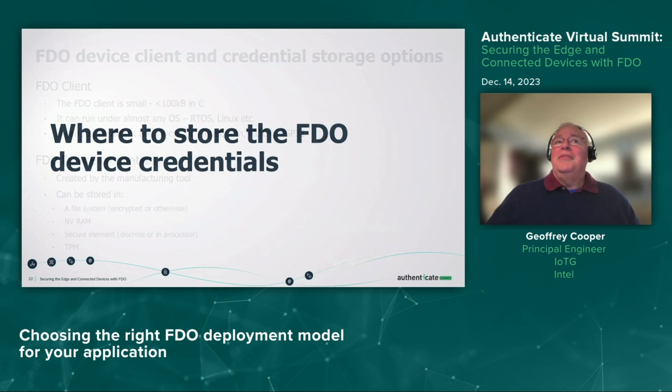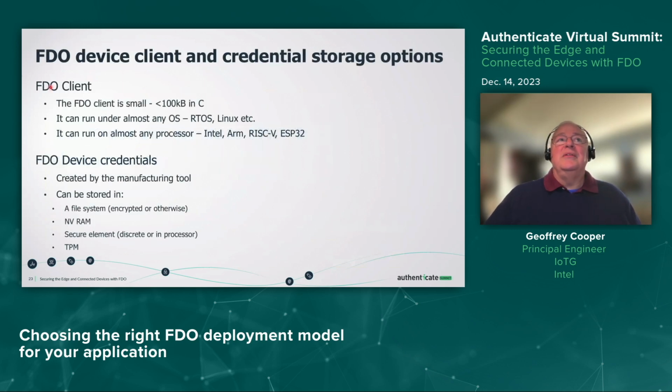Now, what about the FDO credentials on the device? Randy talked about the FDO client. I think the Red Hat guys also talked about it. This is a relatively small client, let's say less than 100 kilobytes, probably smaller in some cases. It can run on different operating systems. You might run it on an RTOS, or under Linux, or other operating systems that people use with IoT devices. And we know it can run on just about any kind of processor.